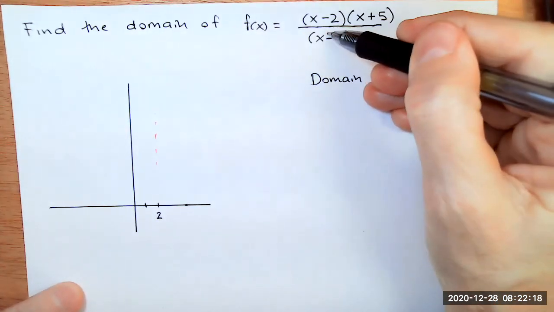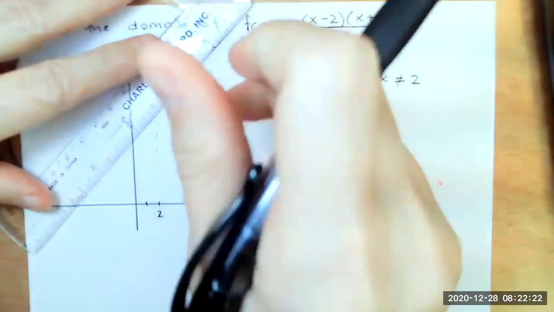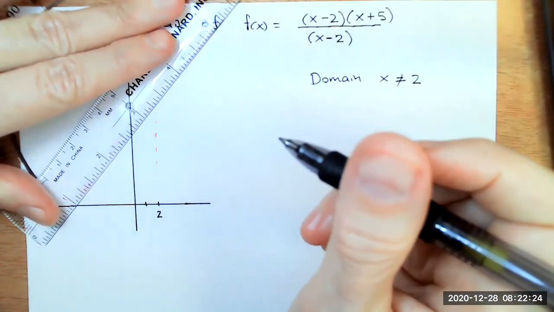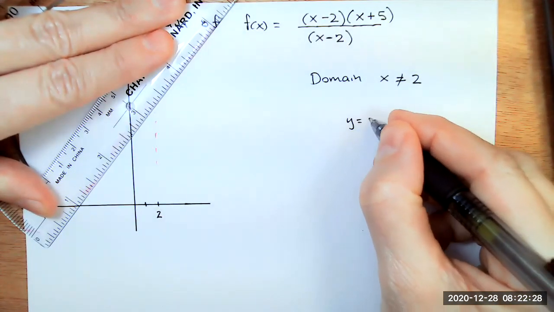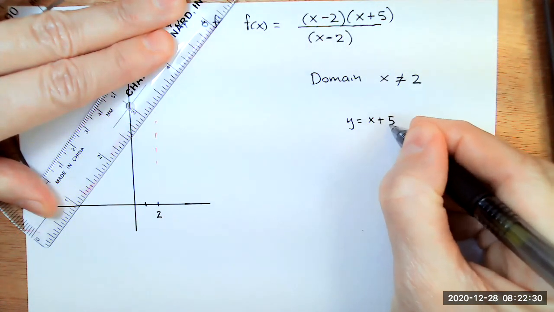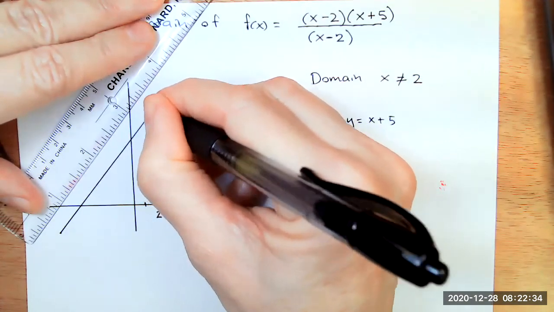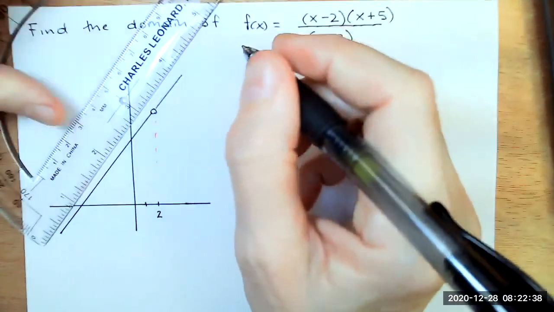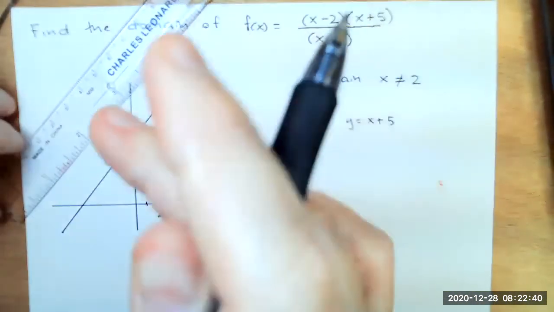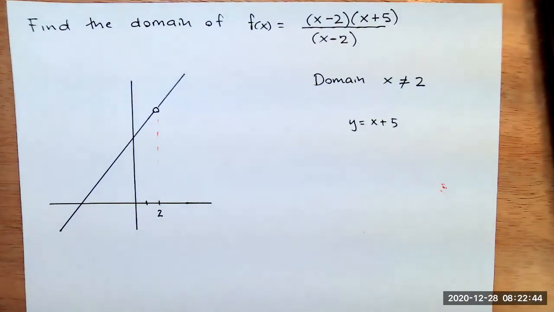This part of the function is equal to 1. So this function is going to look like y equals x plus 5, only there'll be a hole in it at x equals 2. So it'll have a discontinuity at x equals 2. And there you have it.